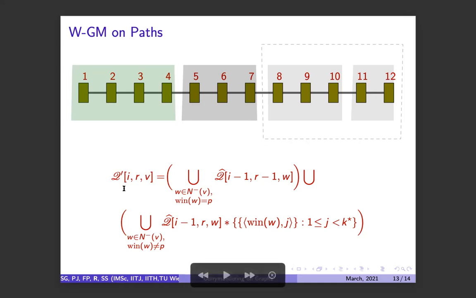If this family is non-empty and has distinct labels, then I have a yes instance, otherwise it's a no. So this is the deterministic algorithm for deciding WGM on paths.